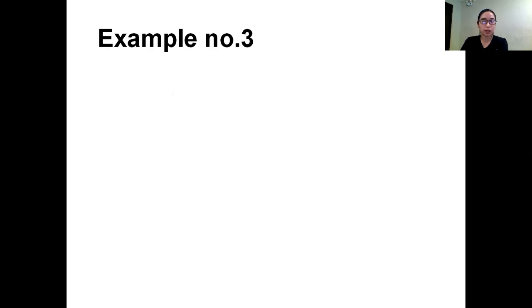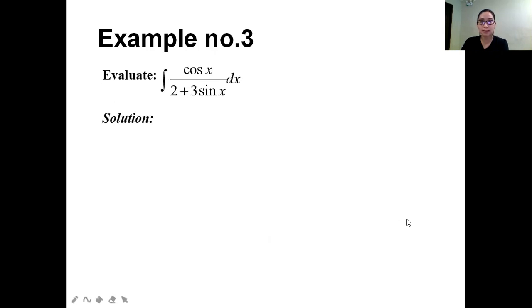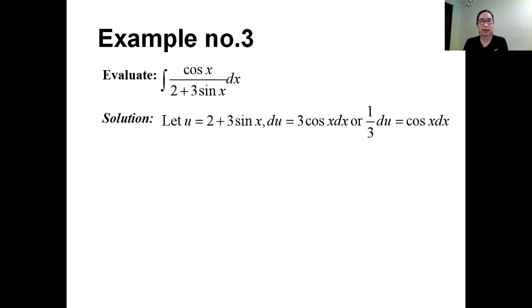So for our last example for this trigonometric function using chain rule, evaluate the integral of cos x over 2 plus 3 sine x dx. We let u be equal to 2 plus 3 sine x. Then our du is equal to 3 cos x dx, or we rewrite it as 1/3 du is equal to cos x dx.